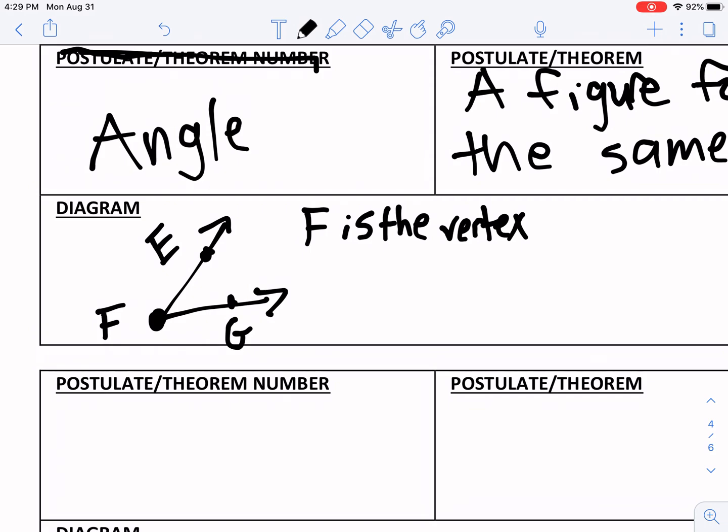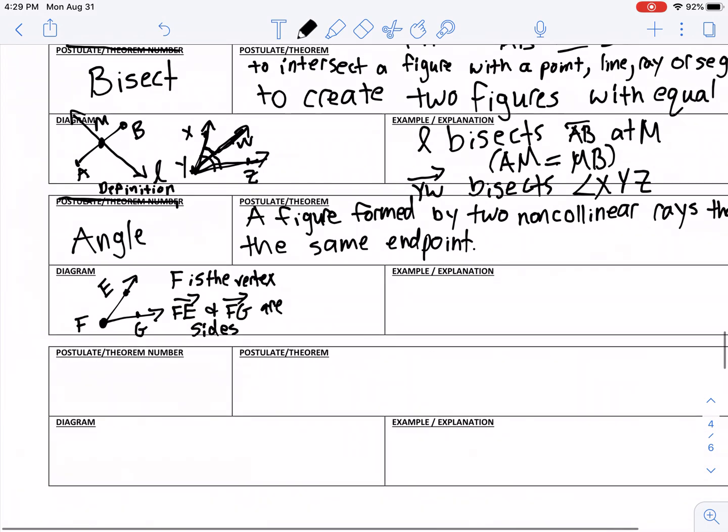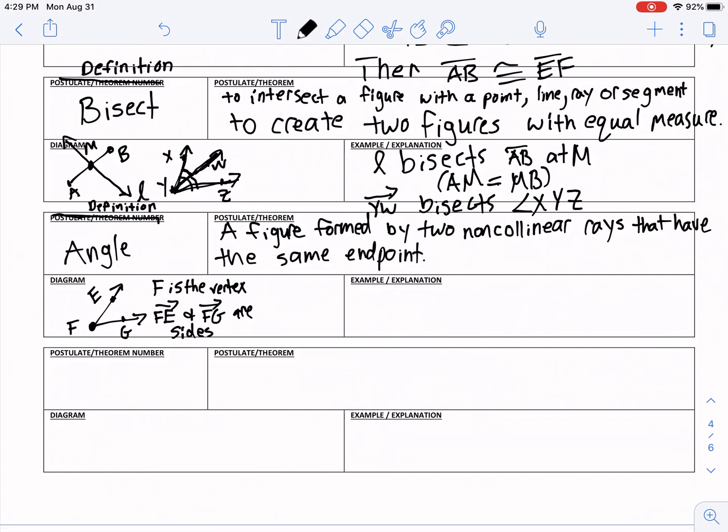So ray FE, remember we always start with the endpoint, ray FE here, this guy right here, is a side, and ray FG, this guy right here, is also a side. So F is the vertex, ray FE is a side, and ray FG is a side. That's what the different parts are of an angle.